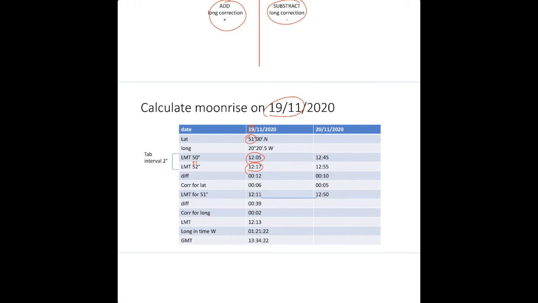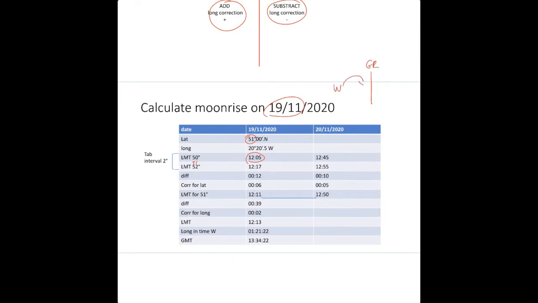Now I told you that for moonrise, we have to make an interpolation with either the previous day or the next day. I told you that you always have to take a look at Greenwich.